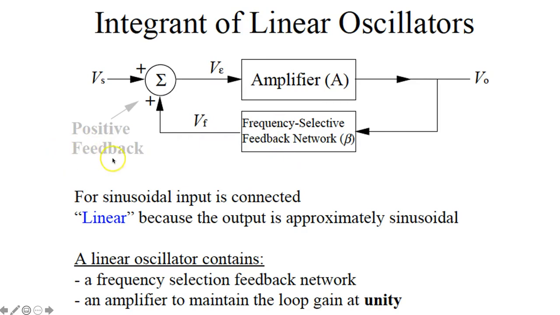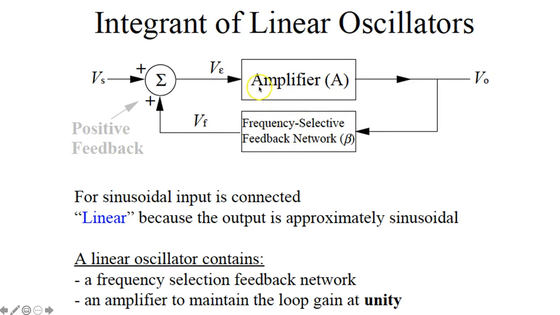It's written here, and through this symbol you can also determine whether it is a positive or a negative feedback. So in oscillators, we provide positive feedback. And for this frequency selective circuit, you can also use a resonant circuit to provide the frequency selective output. We will see later in this lecture what kind of circuits we can use.